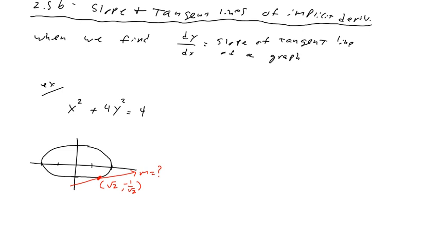Find the slope at root 2 comma negative 1 over root 2. It's a location of a point on this graph, right?